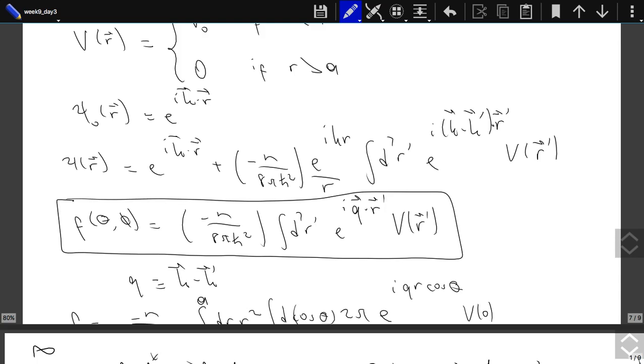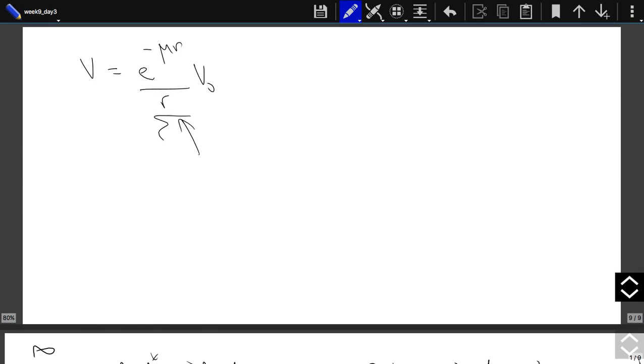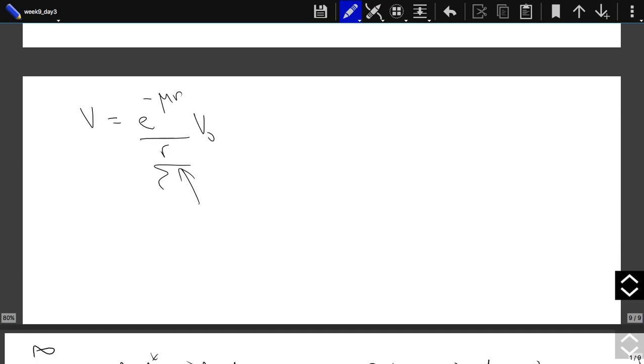Just take the Fourier transform of your potential. In calculating the cross-section, that is the thing you need to evaluate. So the only thing we need to do is evaluate the Fourier transform of this potential. Let's do it. d cubed r, e to the power iq dot r, times the potential, e to the power minus mu r over r.